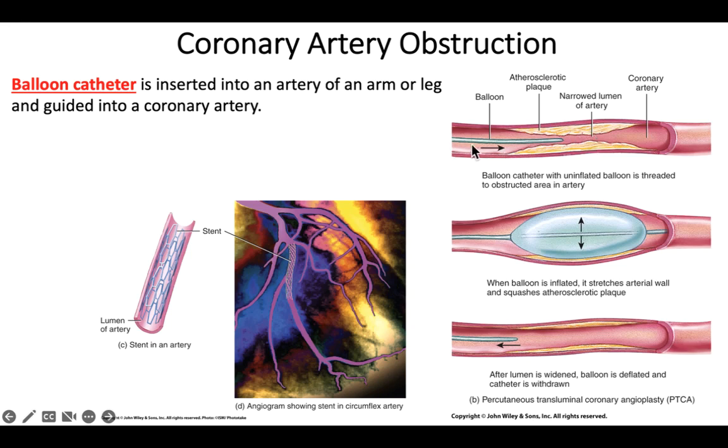So the catheter is inserted, and then there's a little balloon that's inflated, and it stretches that wall of that artery, squishes the atherosclerotic plaque, and opens up that artery. Quite often then they'll slide off a stent and leave the stent in that artery, which is shown over here. So that's one treatment.